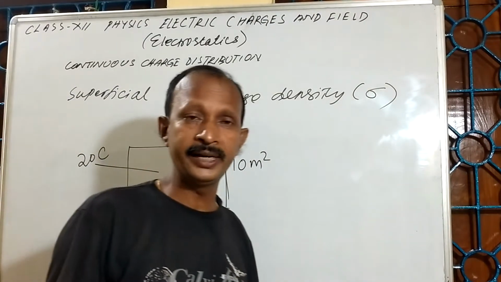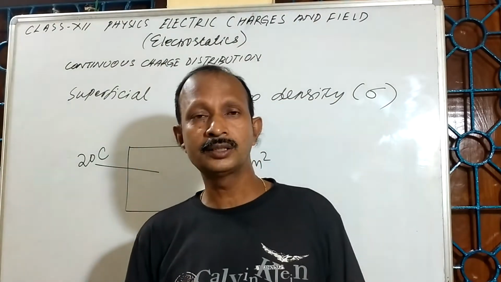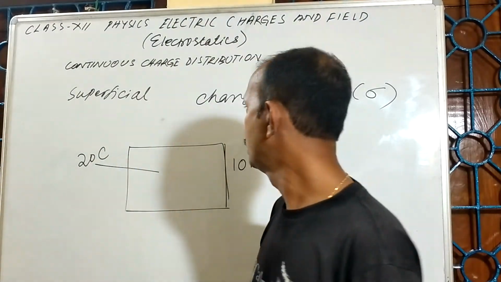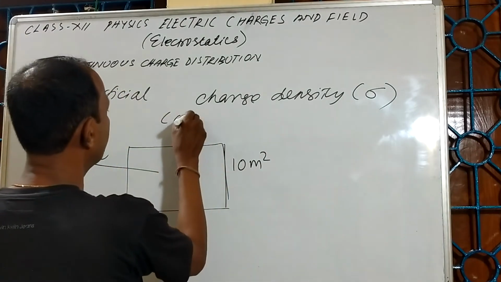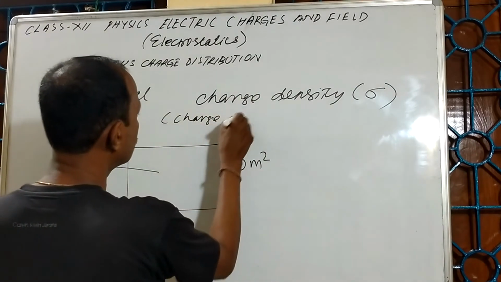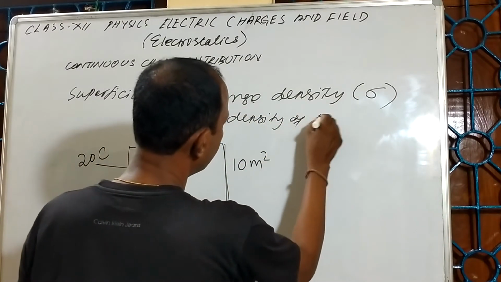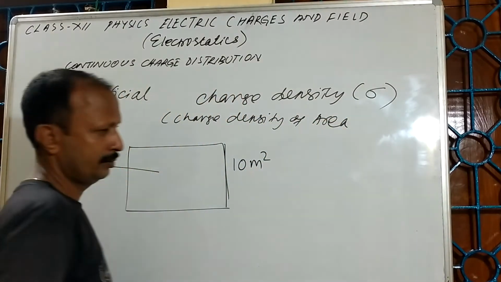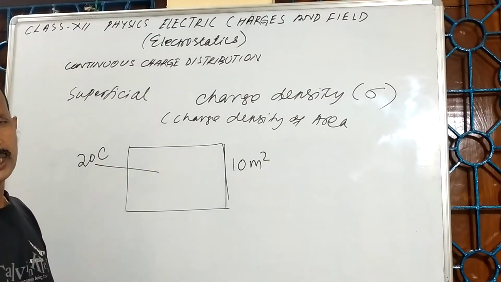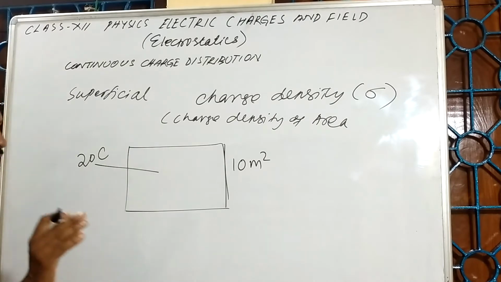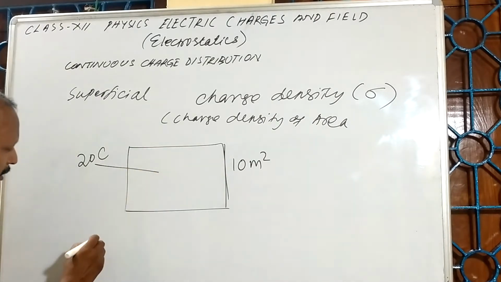Then what about its charge density of area? Here how much charge is present in unit area? We have to calculate for unit area.